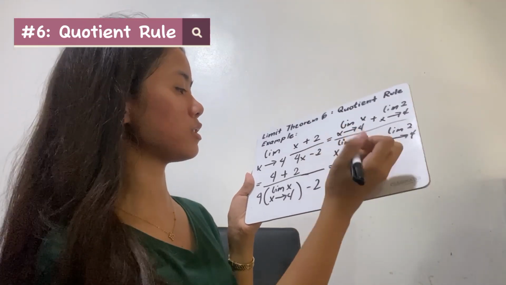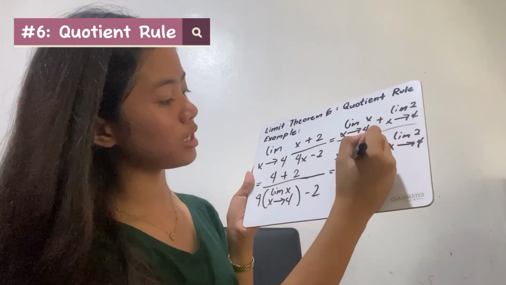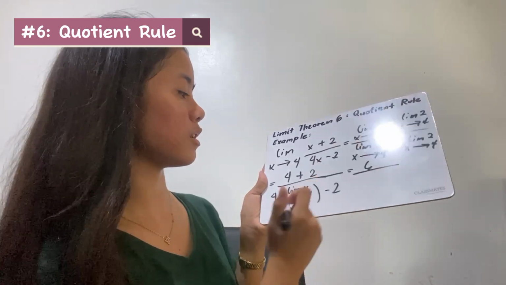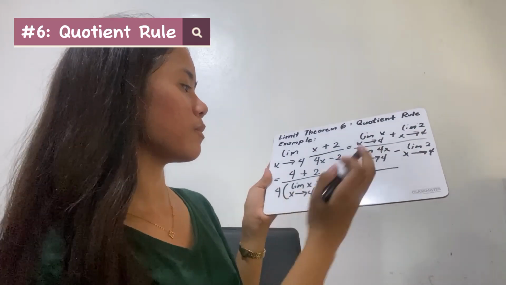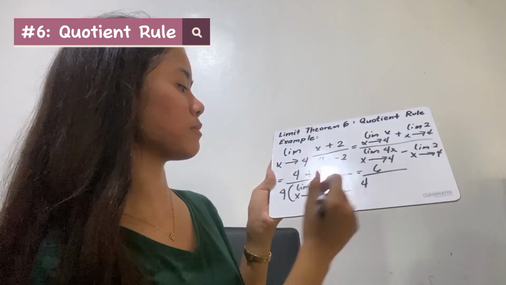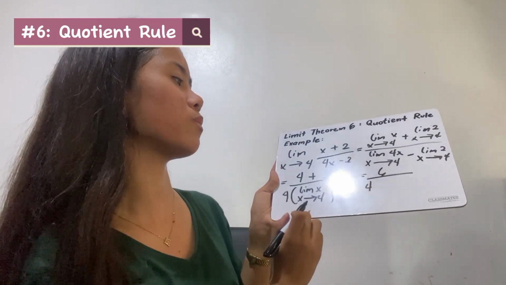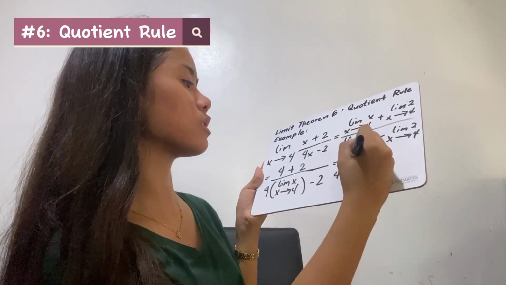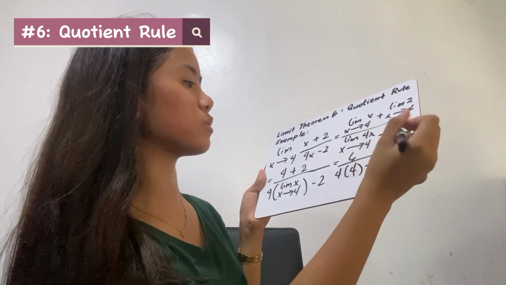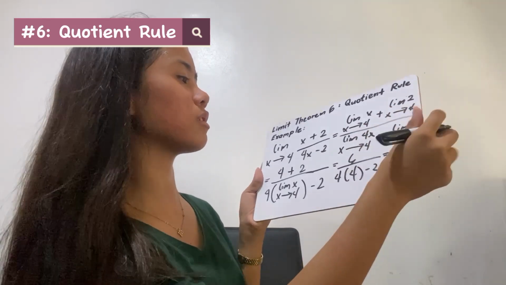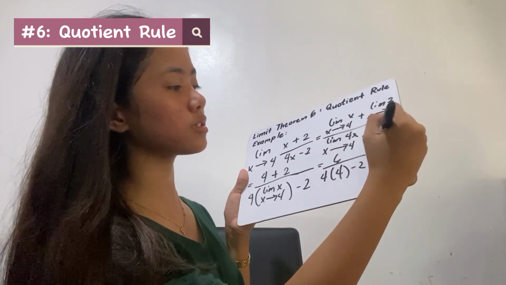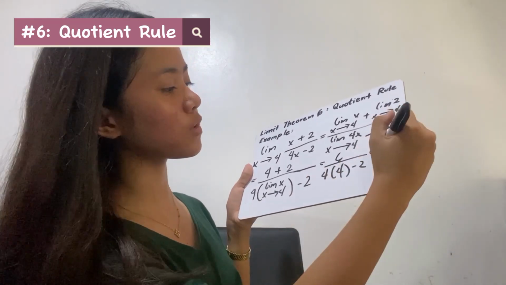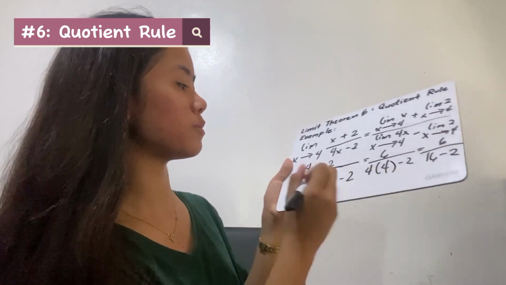Is equals to 4 plus 2 is 6 over, i-operate mo ulit siya. 4 times, apply mo dito yung limit theorem number 2. So, magiging sagot is 4, minus 2. Copy lang yun. Tapos, magiging 6 over 4 times 4 is 16 minus 2.